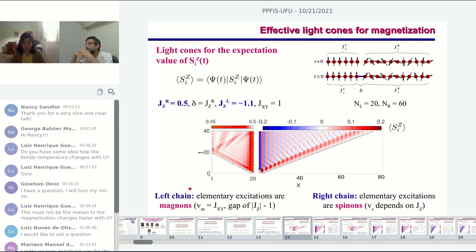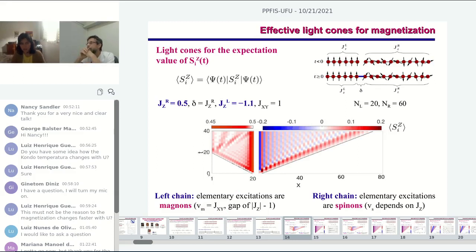Okay, as I said, we know from Bethe ansatz the elementary excitations in both cases. In the case of the left chain, which is in the ferromagnetic phase, these elementary excitations are magnons. And we know their velocity. We can calculate the maximum velocity for magnons, and this is equal to Jxy, which we set equal to 1.